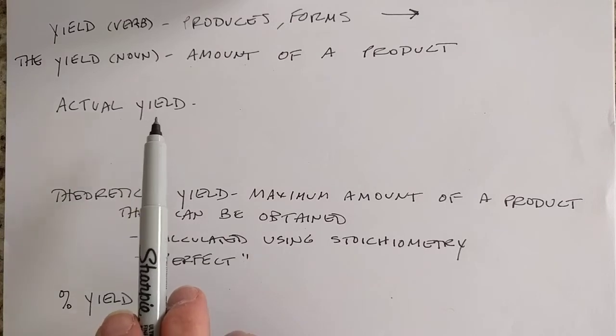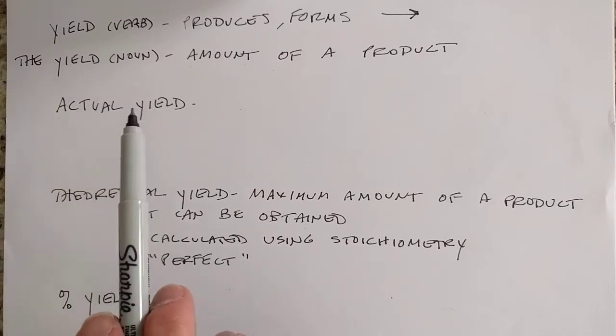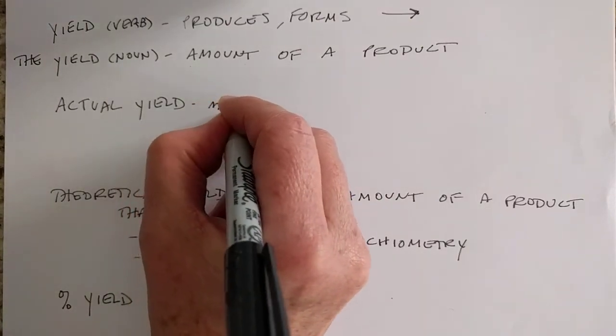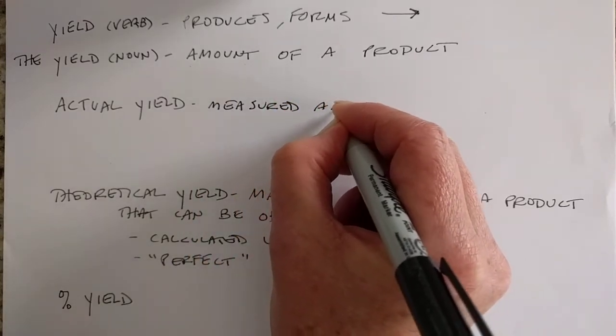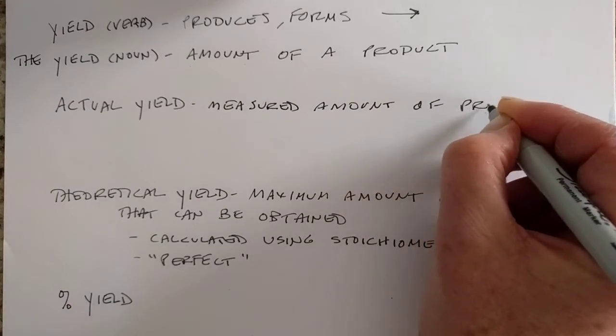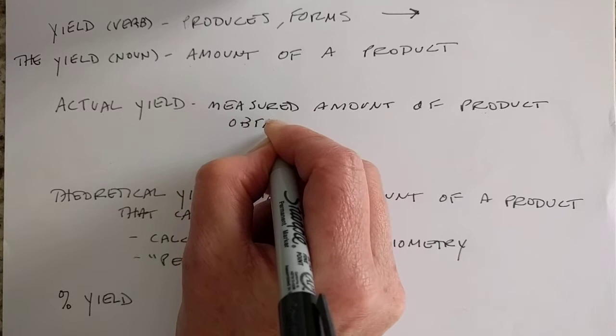This is the amount of product that you really get, that you actually get. So this is the measured amount of product obtained.